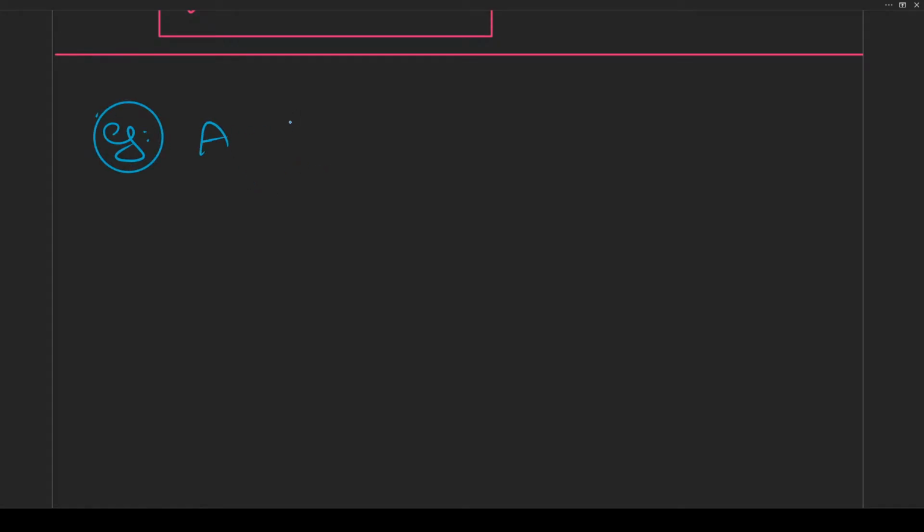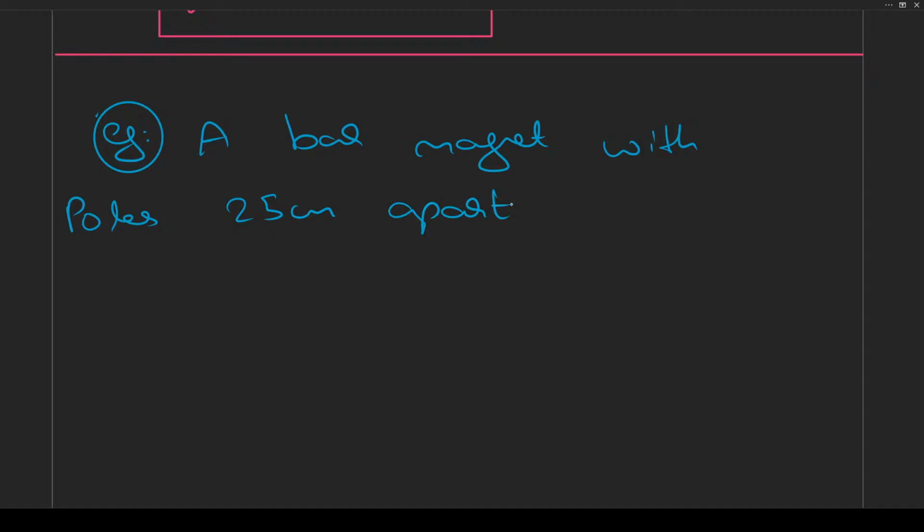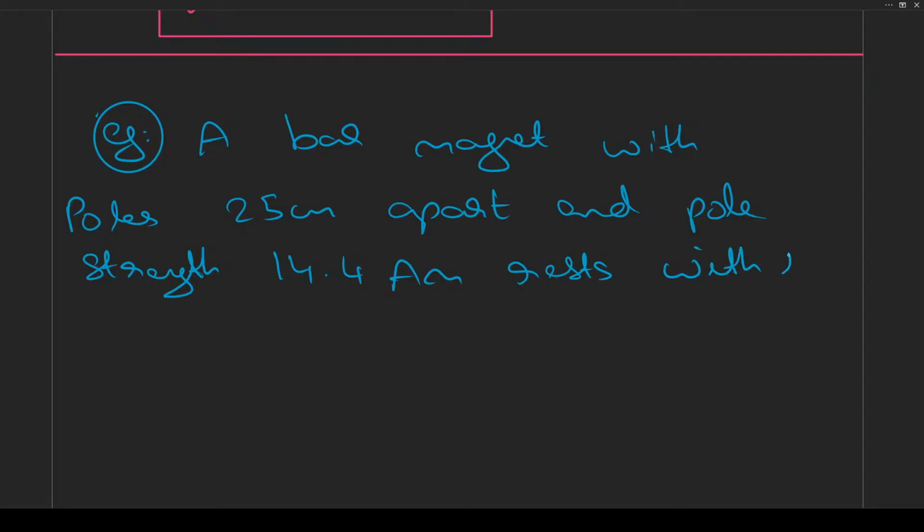A bar magnet with poles 25 centimeter apart, that is dipole length, and pole strength 14.4 ampere meter, rests with its center on a frictionless pivot.